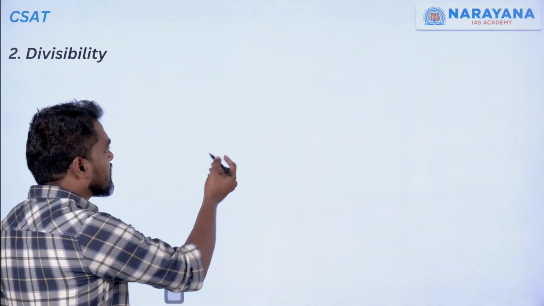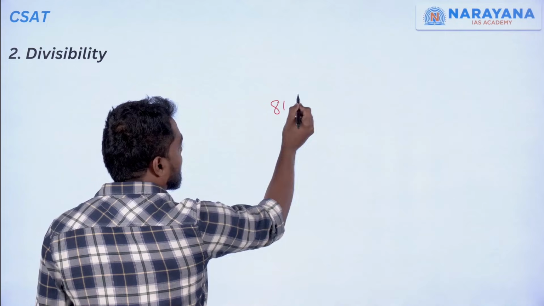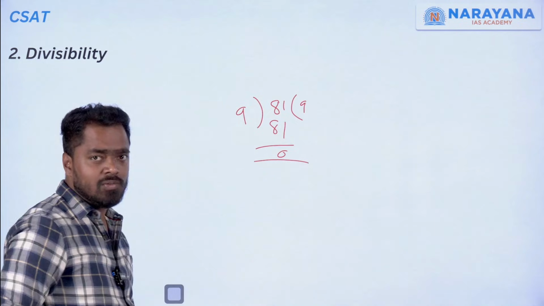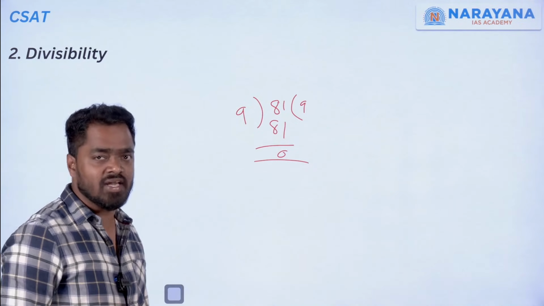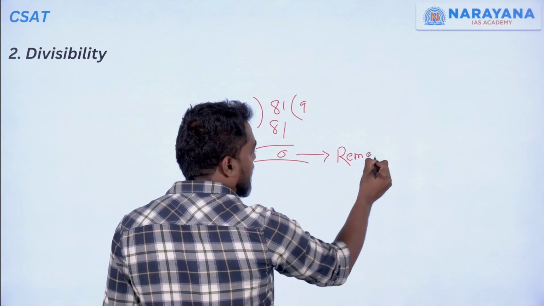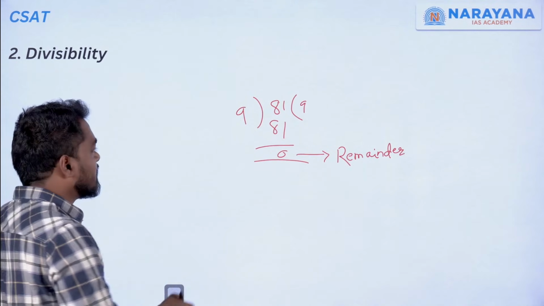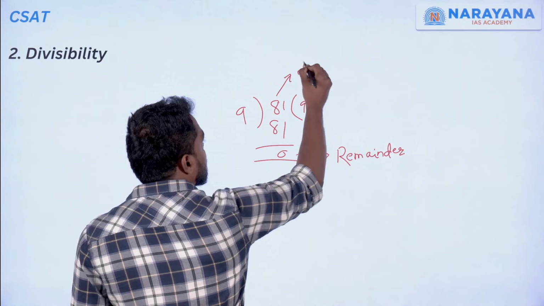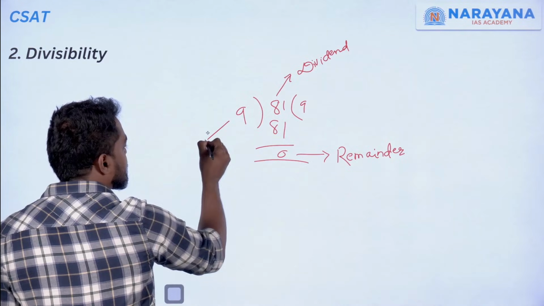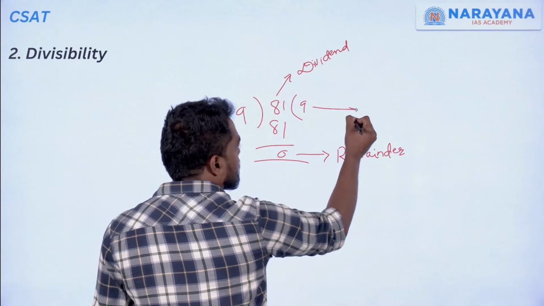Next, a small point: what is division? We will use some terms. For example, if I am dividing 81 by 9, 9 nines are 81, the remainder is 0, then we are saying 81 is divisible by 9. So you just have to know some terms. This is called the remainder, that is nothing but what is remaining after division. This is called the dividend, this is called the divisor, and this is called the quotient.